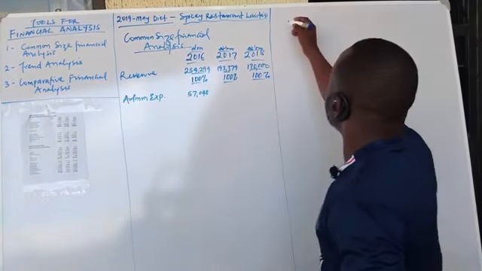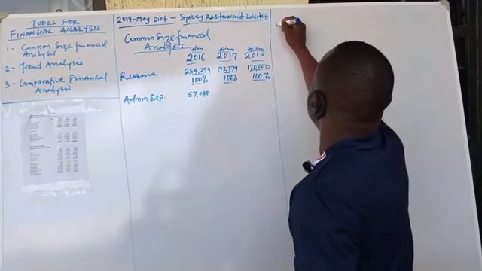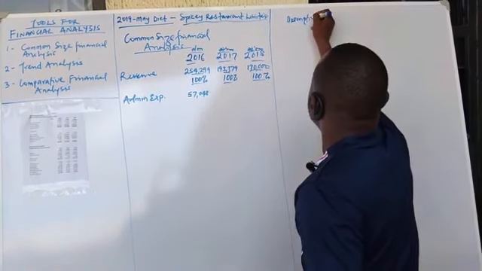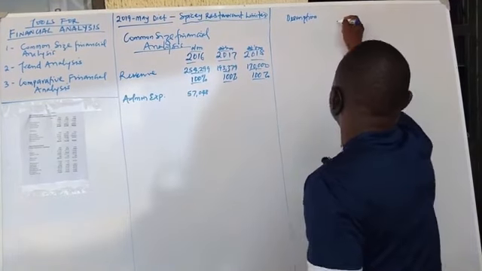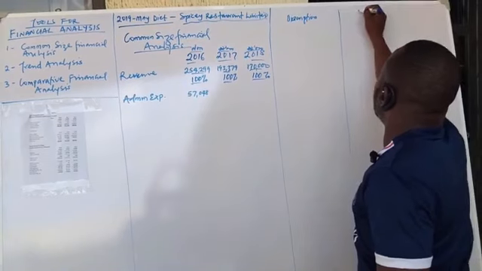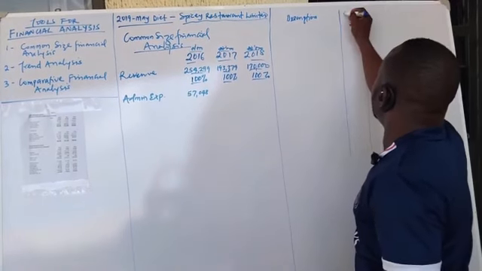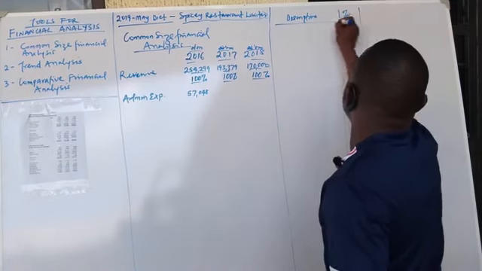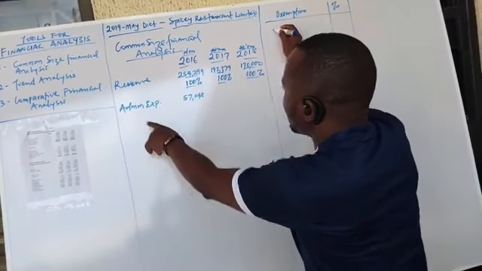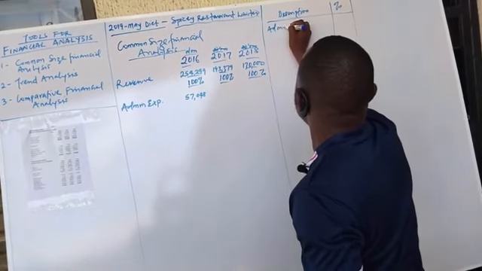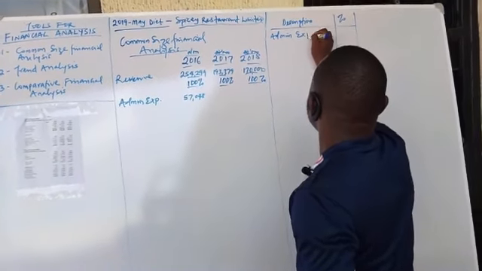To do your common size analysis, this is what you're going to do. You write the description of the item, bring it down, then you do your proration like this, then this is your percentage here. The first one we're doing is admin expense.